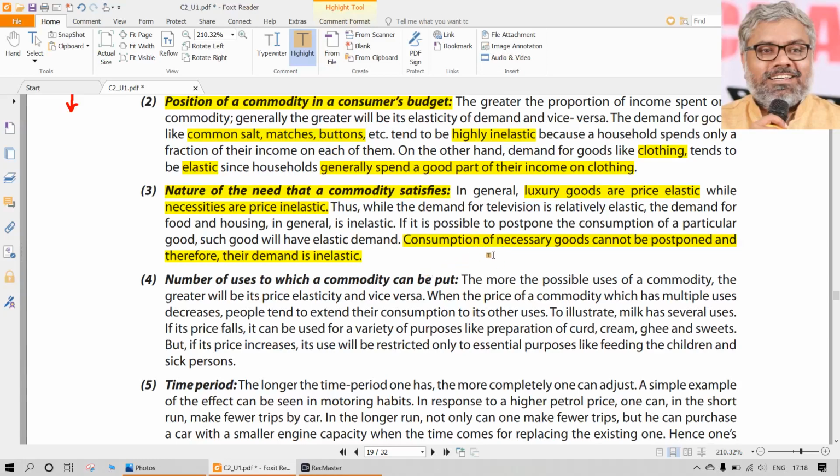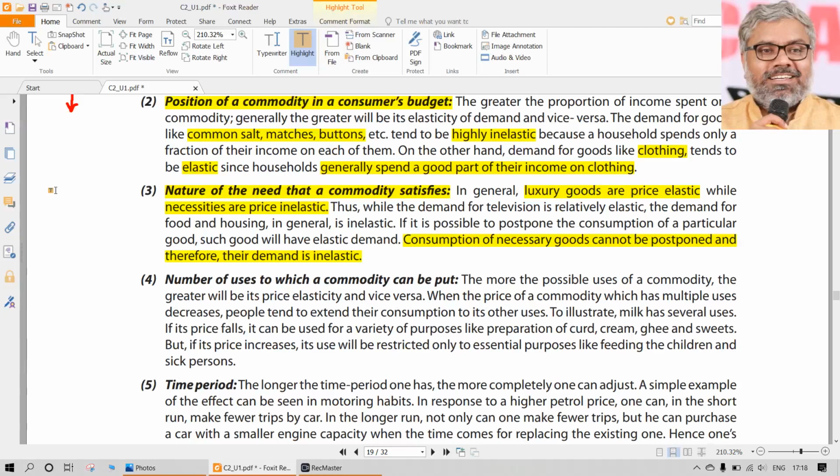Once again, completely inelastic, completely elastic. Completely inelastic means price elasticity of demand is zero. Completely, perfectly elastic means price elasticity of demand is infinity. And I told already, you need to keep that in mind. Practically, that is not possible. Though we just use the words very casually, inelastic and all, practically there is nothing called completely inelastic. There is nothing called completely elastic. That is just impossible.